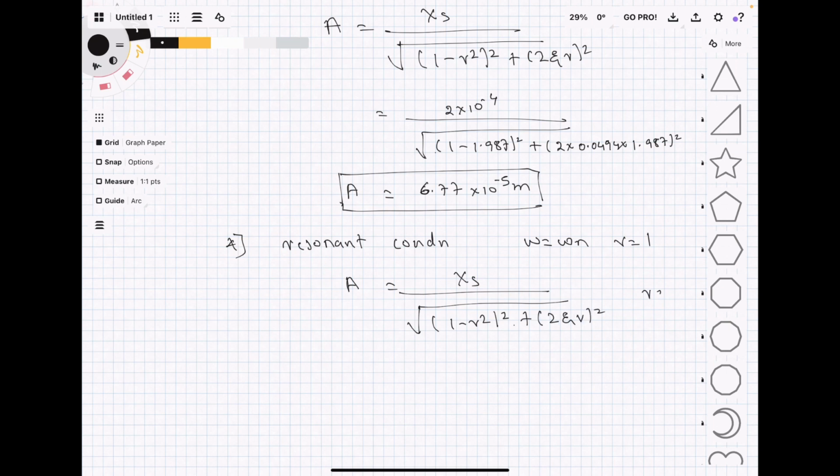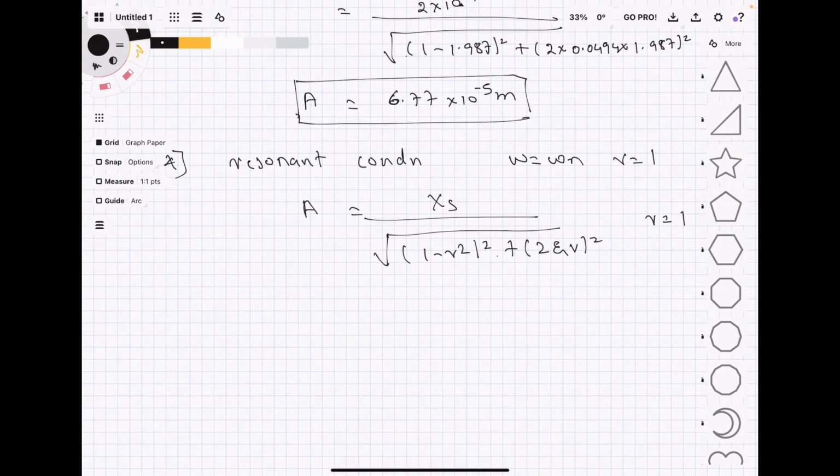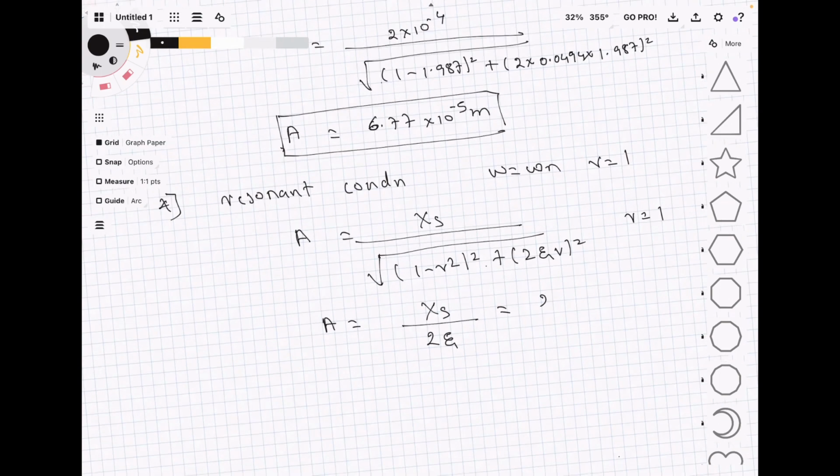If I substitute R is equal to 1, the first term becomes 0, and the second term is (2 zeta) square. So what we end up with is XS upon 2 zeta. XS value is 2 into 10 to the power minus 4 divided by 2 into 0.0494.